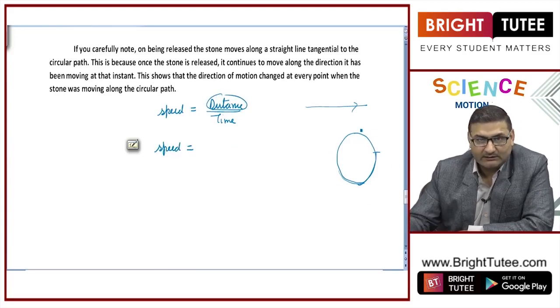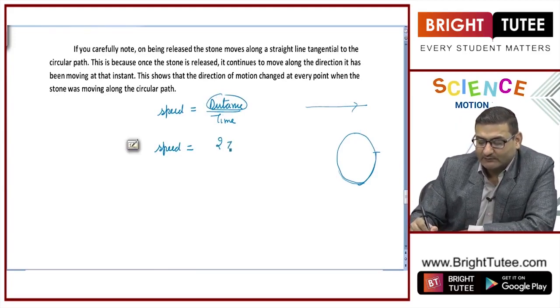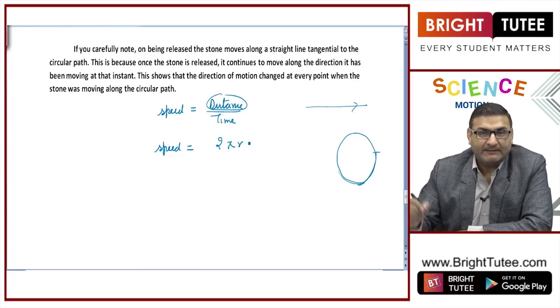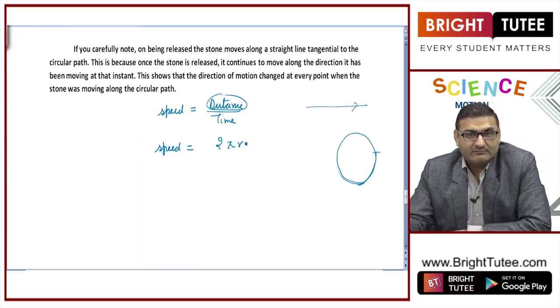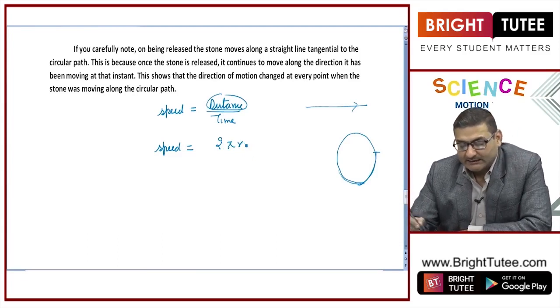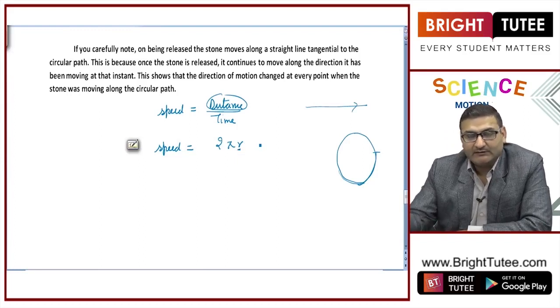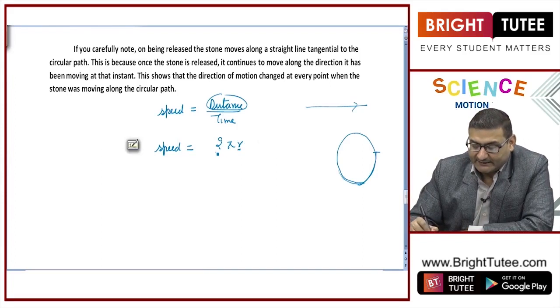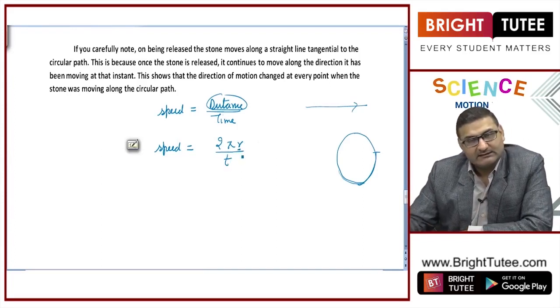So, when I talk about the distance, I talk about the circumference of the circle, and that complete one turn, the complete circumference of the circle, we know is calculated by the formula 2 pi r, where pi is a constant whose value is 22/7 or 3.14. We know that, we have been using it, and r is the radius of this circular track. Got it? Divided by, of course, time.